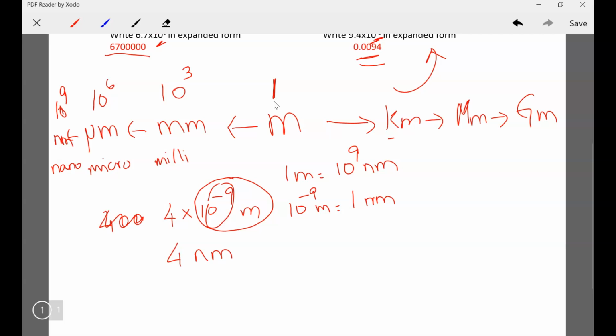So those are your prefixes that also go in powers of 3. So 10 to the power of negative 3, 10 to the power of negative 6, that's 10 to the power of negative 9. So 1 meter is 1,000th of a kilometer, 1 millionth of a megameter, and 1 billionth of a gigameter. Right? So that was that.